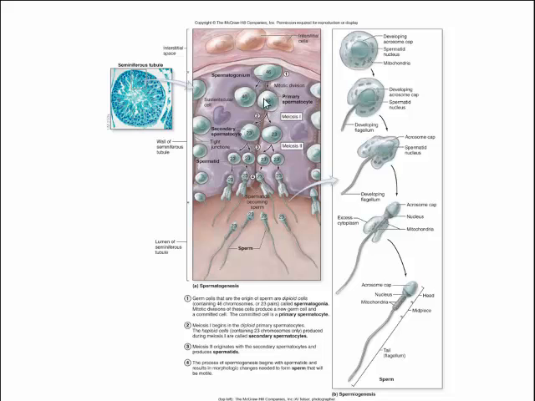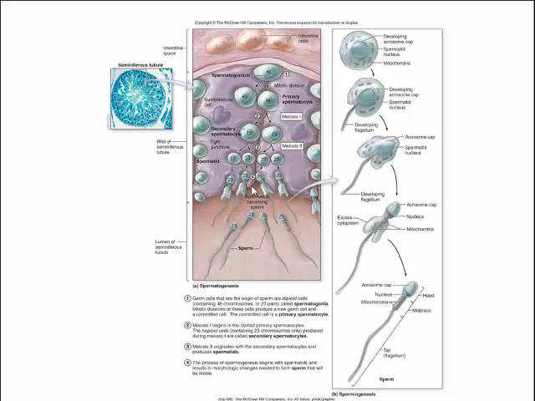The primary spermatocyte will undergo meiosis 1. Remember that means that the two daughter cells that are the result of that have only half the number of homologous chromosomes. This cell is called a secondary spermatocyte. It goes through meiosis 2, producing non-identical spermatids as the chromatids separate.